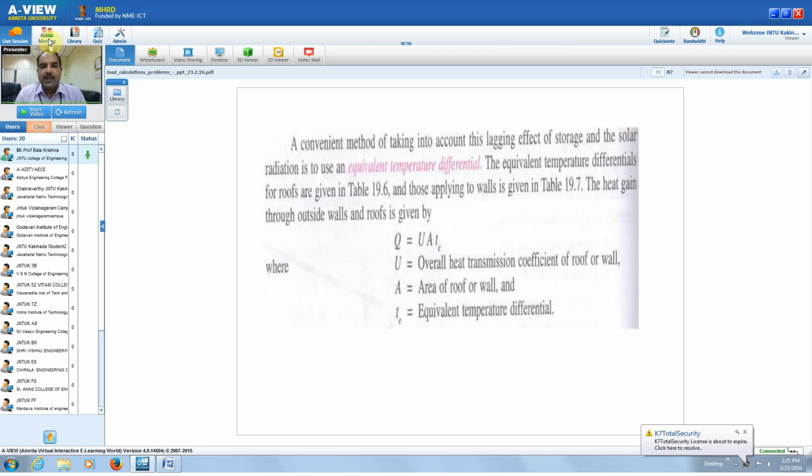The heat gain through outside walls and roofs is given by the general formula Q = U A ΔT, where U is the overall heat transfer coefficient of the roof or wall, A is the area of the wall or roof, and ΔT is the equivalent temperature differential.